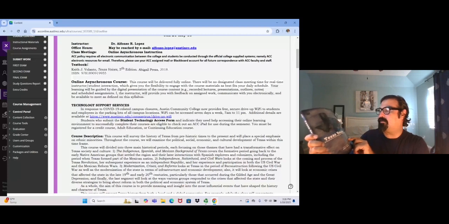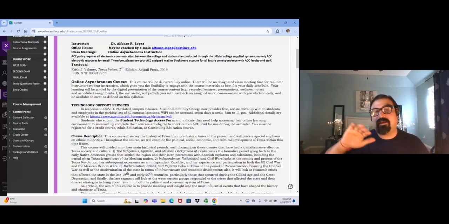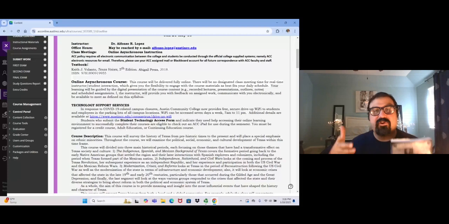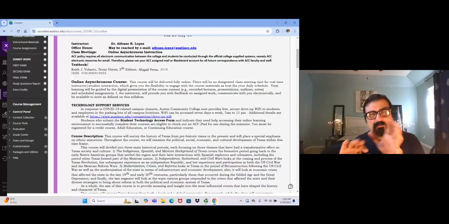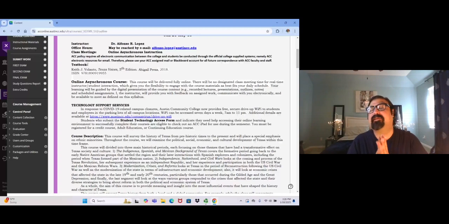Make sure you're getting the 5th edition, not any earlier editions, because this textbook is not a standard, conventional history textbook in which you read Texas history like a narrative from cover to cover. Instead, this book is a collection of primary sources.